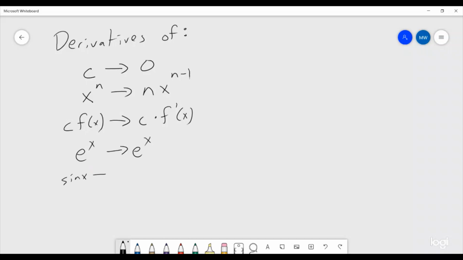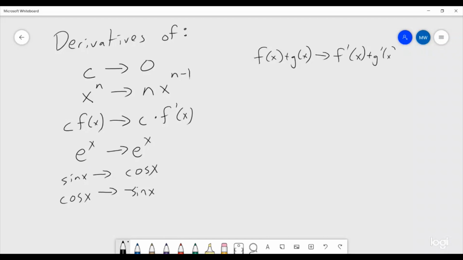Sine x goes to cosine x. Cosine x goes to negative sine x. Let's see, we have f of x plus g of x. That goes to f prime of x plus g prime of x.